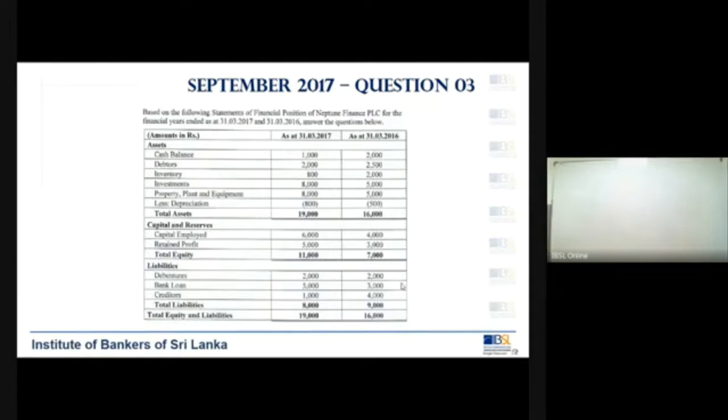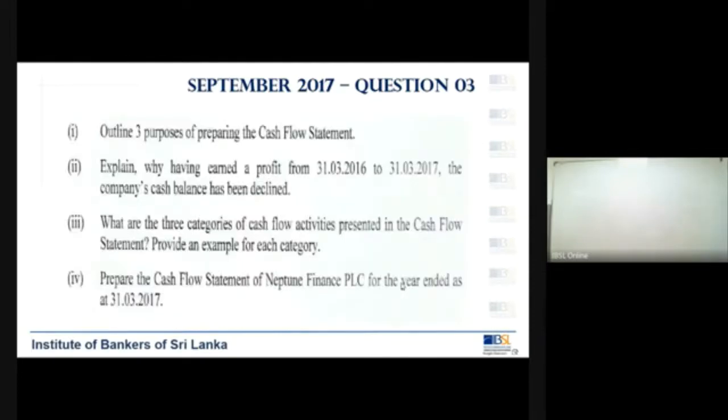Have you all captured the screen? Or if you have the paper, you can take it out. Now let's look at the questions. Just go through the questions for yourself.